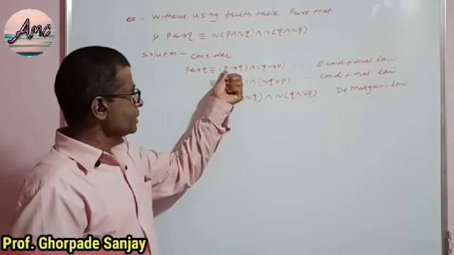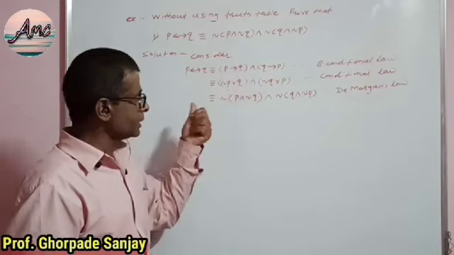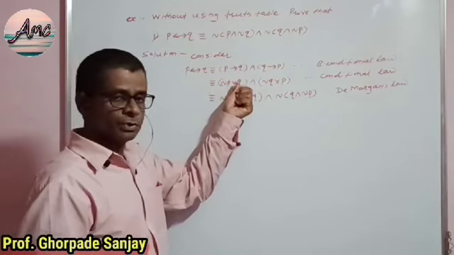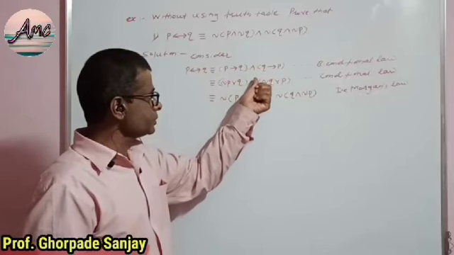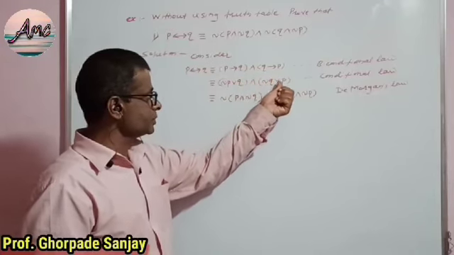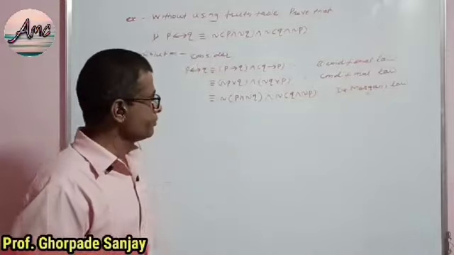So this P conditional Q can be written as negation of P disjunction Q, conjunction as it is. So again negation of Q disjunction P by conditional law.